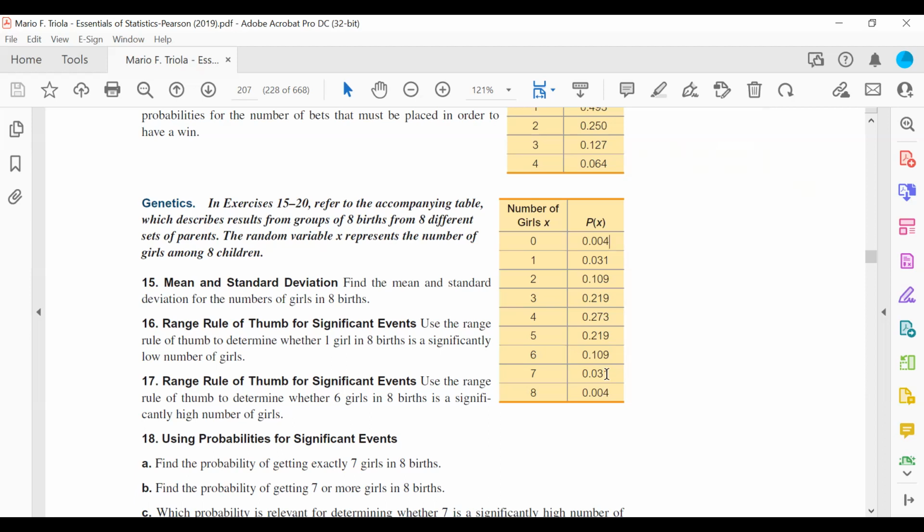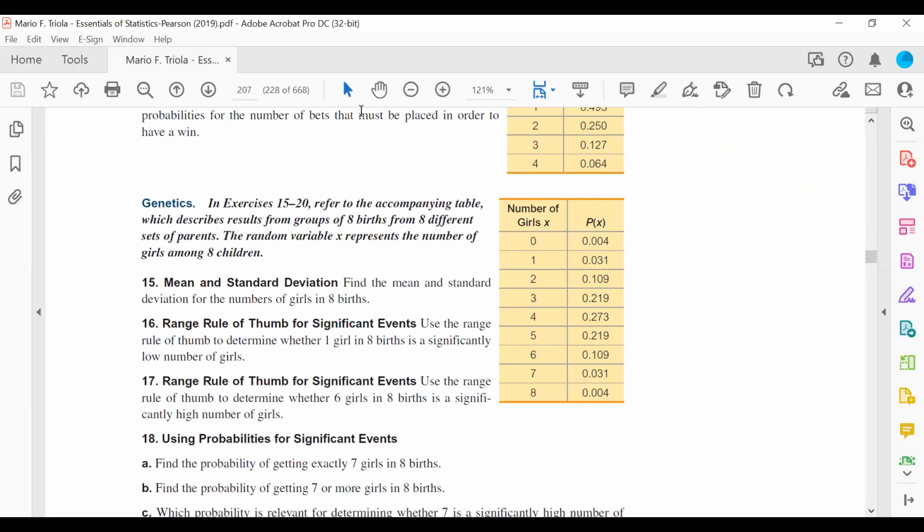You plug in the n, the P, the Q, and the X, and you will get your P of X for each of those random variables, 0, 1 through 8. That's how they got those. So I'm going to show you how they got these P of X numbers using StatDisk.